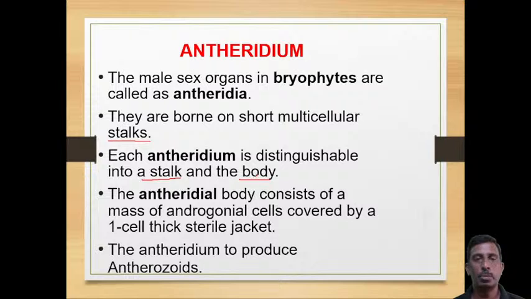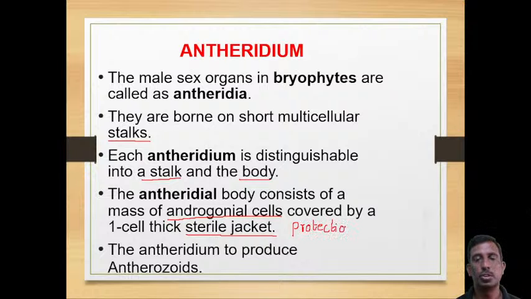और antheridium के body के अंदर the cells which are present inside the body of the antheridium are called androgonial cells. And these androgonial cells are protected by a one-cell-thick layer called the sterile jacket.